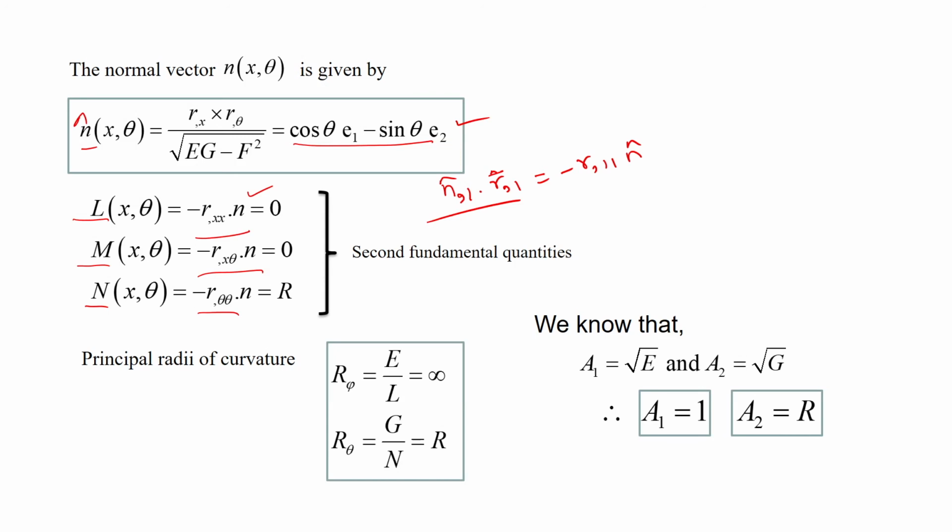We get L, M and N, and then the radius of curvature along the phi direction will be E by L, and L is 0 so it gives you infinity, and then r theta gives you G by N, G is r square, N is r, so it becomes r. The Lame parameters will be A1 equal to 1, A2 equal to r. In this way, the Gaussian curvature becomes r1 into r2, basically 1 over infinity gives you 0.